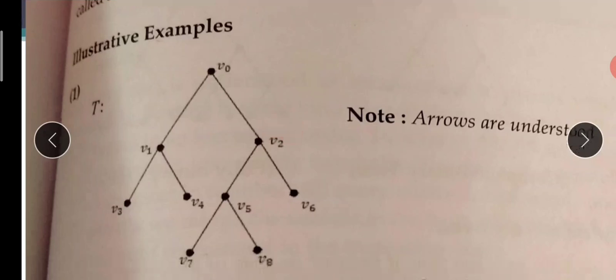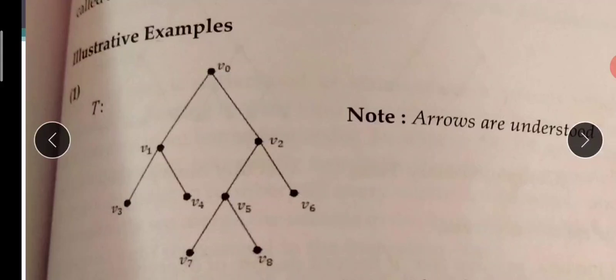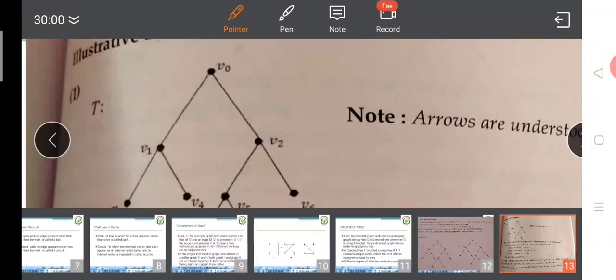Will you agree with my point? V0 is here, the arrow direction has not been given. We take note of the following points with reference to a rooted tree. Vertex V0 is the root of T and it is at level 0.